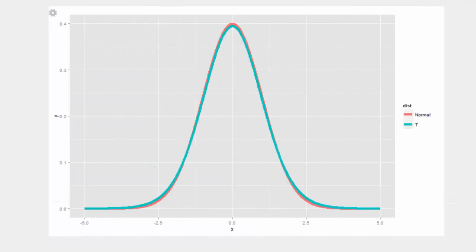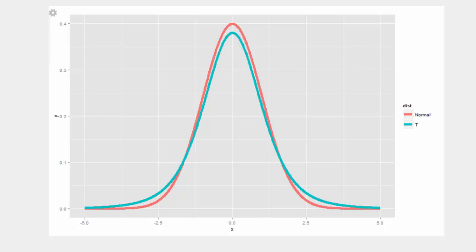Here I use RStudio's manipulate function to show the t-distribution as it overlays over the normal distribution for varying degrees of freedom. Here I have it for 20 degrees of freedom, and you can see they're quite similar. As I draw the degrees of freedom down, you can see that the t-distribution has heavier tails. Well, it always has heavier tails.